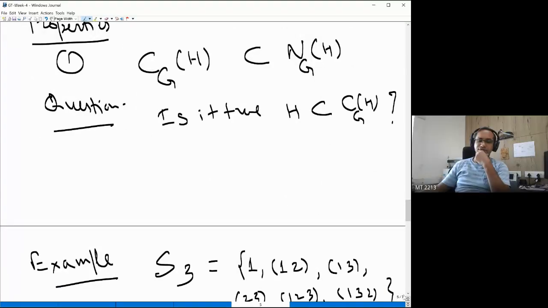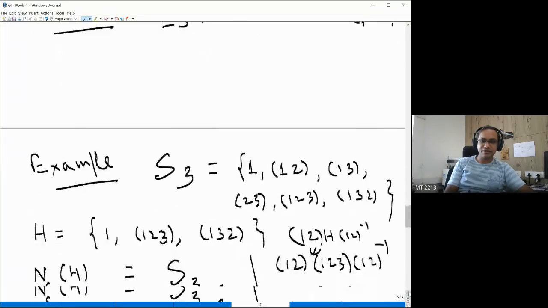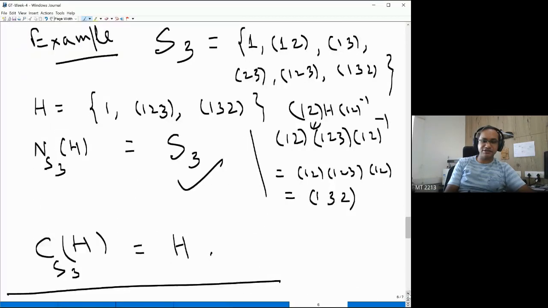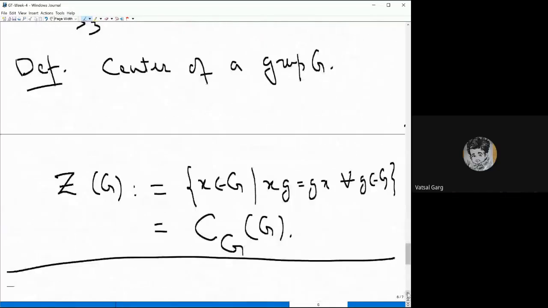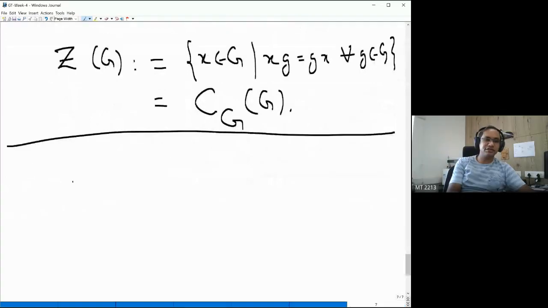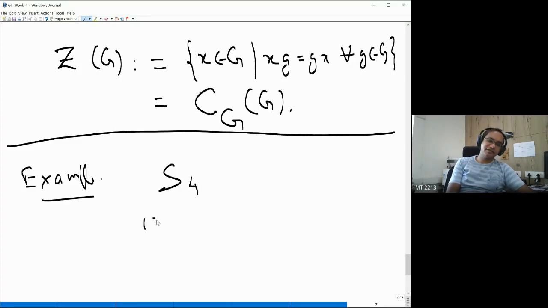Why? Okay. So here is, let's do some other example maybe. Have you practiced working with S4? So here is an example. In S4, I have an element, let's say (1 2), right?